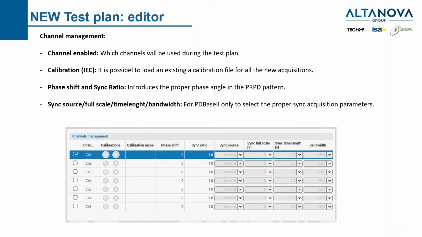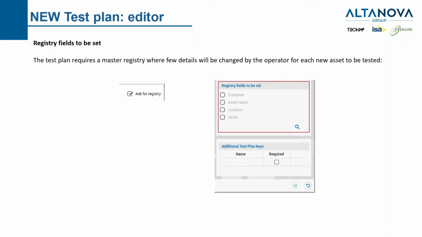And we also have for the PD base the possibility to select the sync source, the full scale of the sync, the time length of the sync, and the depth of the sync. More laboratory oriented. In the end, we have the registry field to be set.